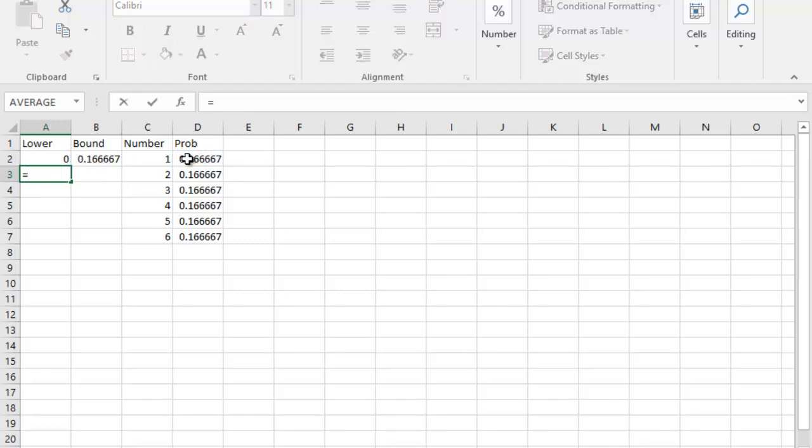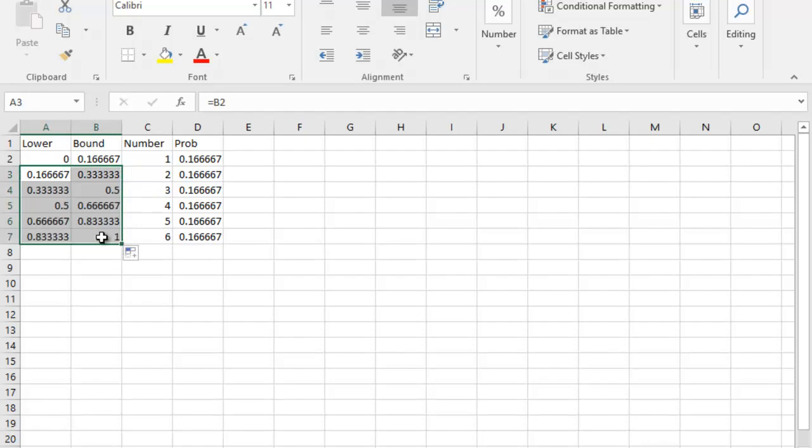The lower boundary of the next class is the upper boundary of the previous one. The upper boundary of the next class is the lower boundary plus the probability. And now the pattern is established, so I can drag these down, and I finish at 1. So here are my cutoffs, the regions when I should tell Excel to call it a number 1 through 6.